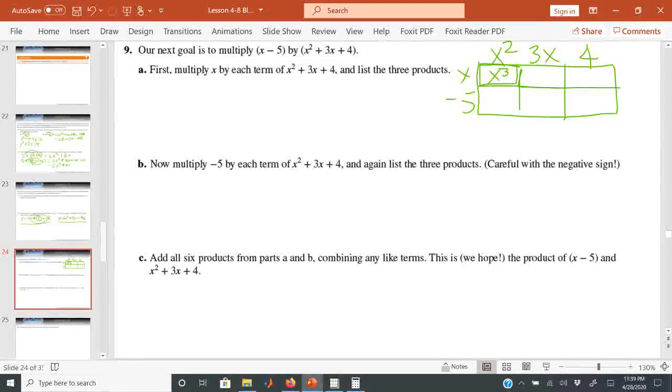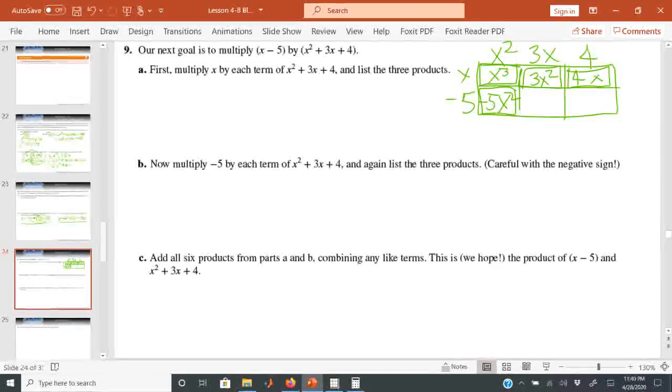To do this area, I do x times 3x, which gives me 3x squared. In the final area, I do x times 4, which is 4x. Now I do my negative 5 to get this area. I do negative 5 times x squared.